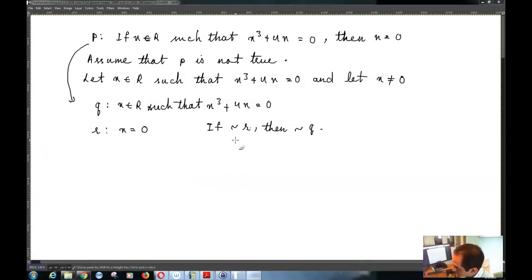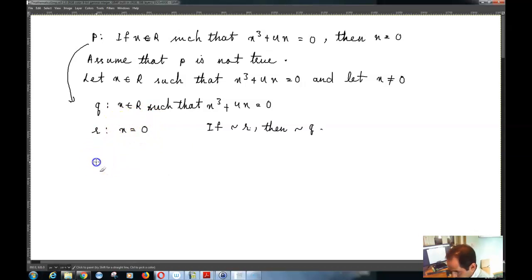This method of contradiction is actually some sort of mixture of all the methods, because by the method of contradiction, we said that to check whether a statement P is true, we assume that P is not true.